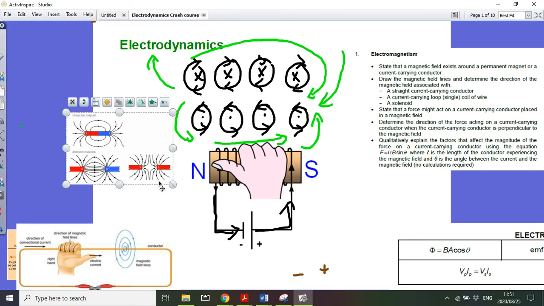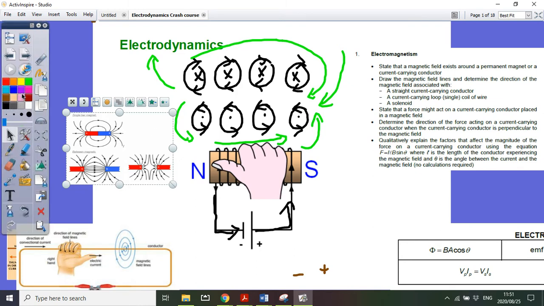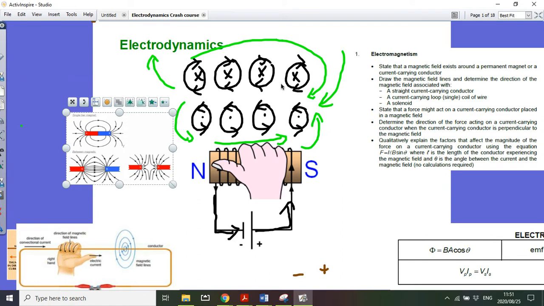A normal bar magnet had a similar magnetic field structure. So what we actually did is we made a magnet. A solenoid with a current flowing in it is creating a magnet that is caused by electricity, and therefore we call it an electromagnet.